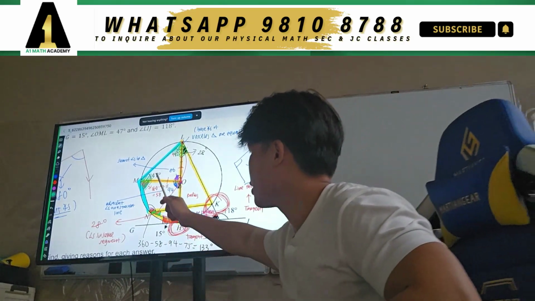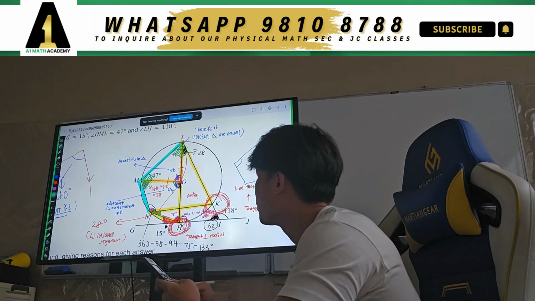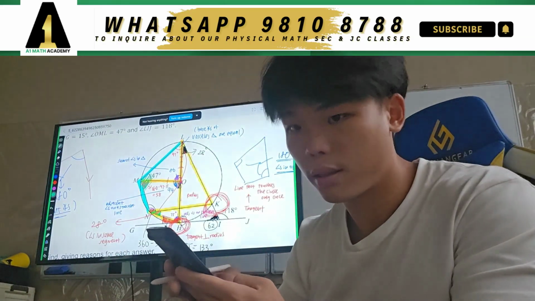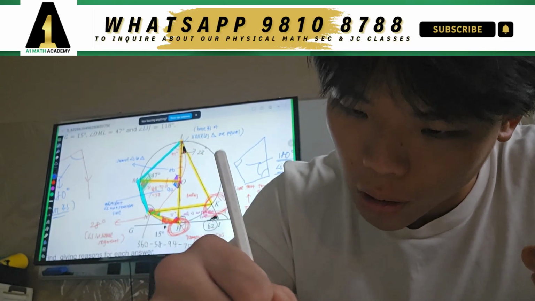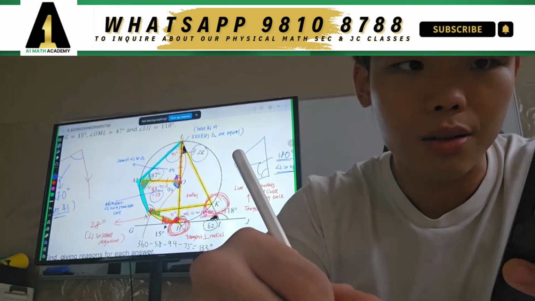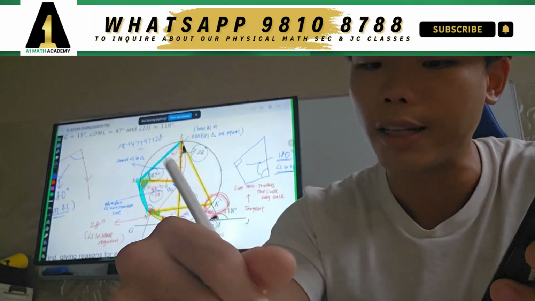When we add up these two, what do we get? We take 58 plus 47 plus 47 plus 28. When you add up these four, you actually end up with 180.